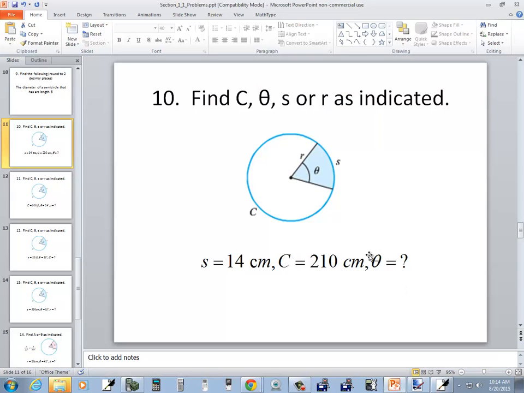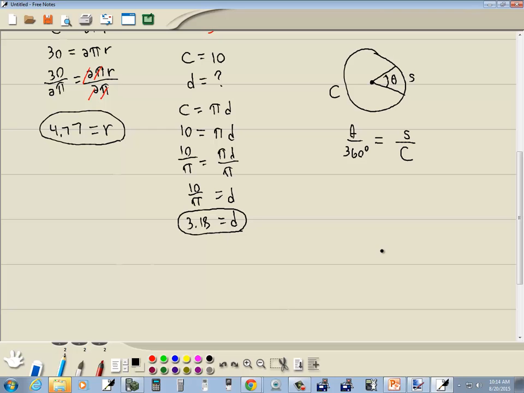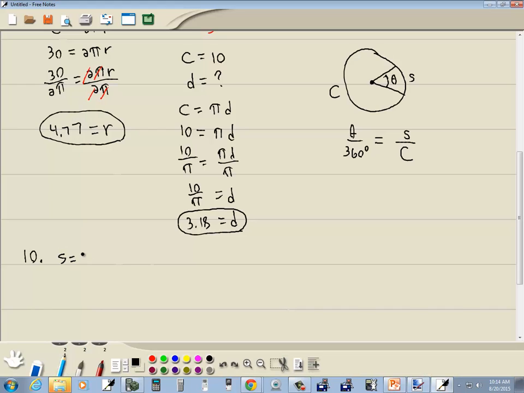So for these next problems, we're going to use that formula to help find the missing variable. So let me scroll down a little bit here and take a look at number 10. They tell us S is 14 centimeters. They tell us circumference is 210 centimeters.